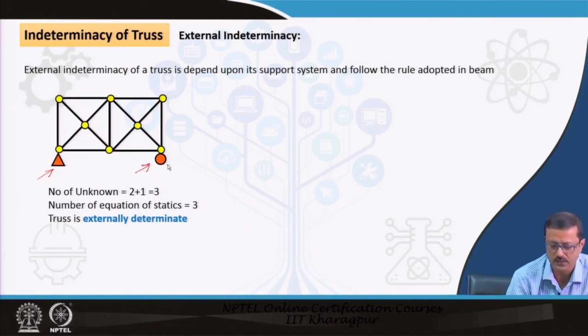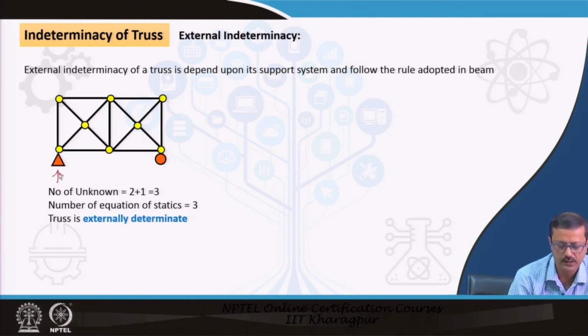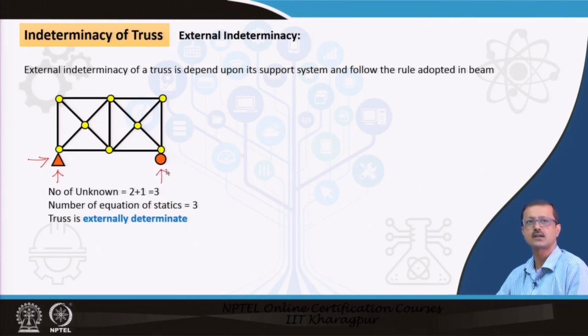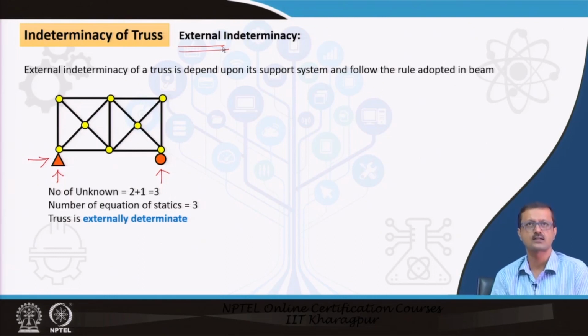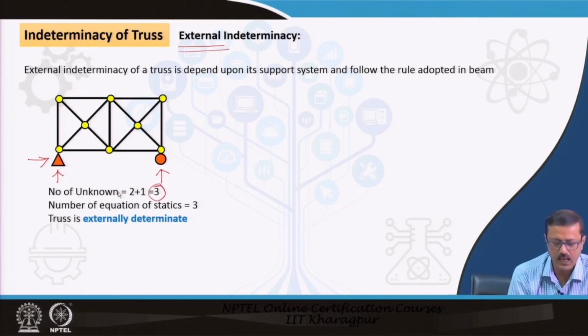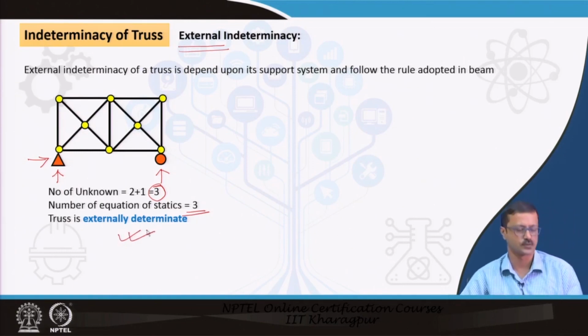As we know, the hinge support will give you a reaction force in the horizontal and vertical directions, and the roller will give only one reaction. Those three support reactions are unknown, and they are external. First I have to see whether it is externally stable or unstable, indeterminate or determinate. The number of unknowns is 3, and we have 3 equations available. So this is an externally determinate structure.